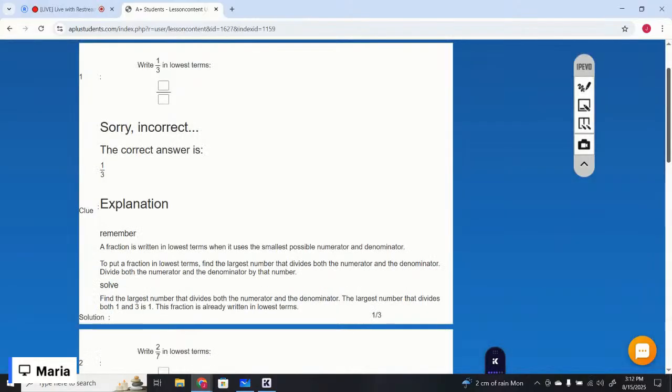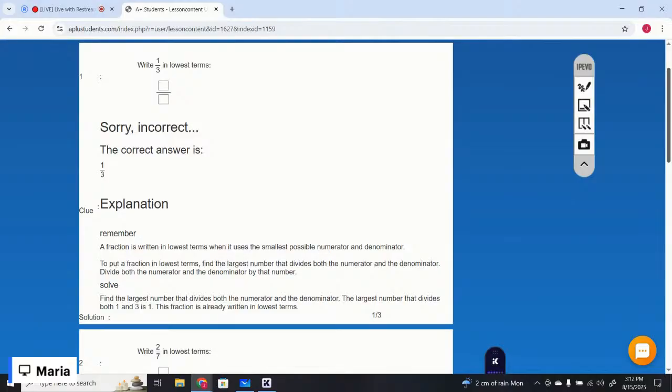A fraction is written in lowest terms when it uses the smallest possible numerator and denominator. To put a fraction in lowest terms, find the largest number that divides both numerator and denominator. Divide both the numerator and denominator by that number.